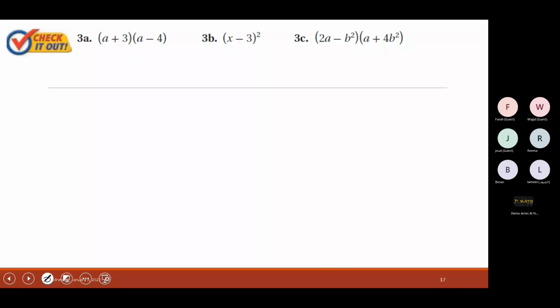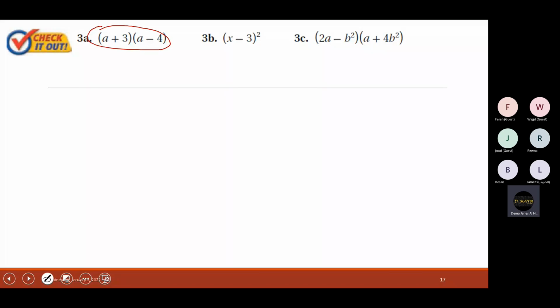Now, here we have these examples. Lamis, yes, teacher. Now, up to now, you learned two methods, distributive and the FOIL method. Which one do you prefer in order to multiply these two binomials?